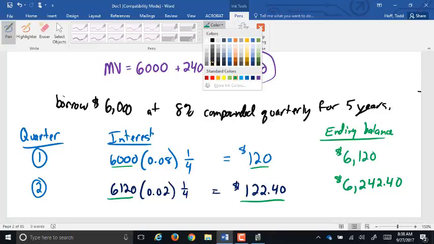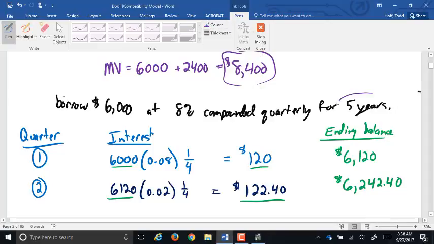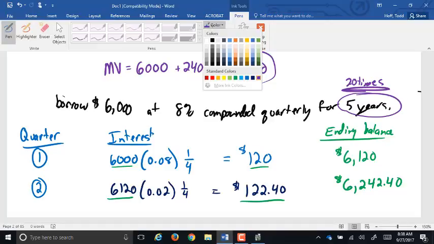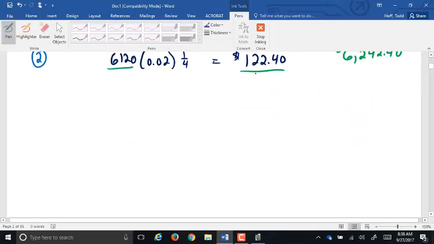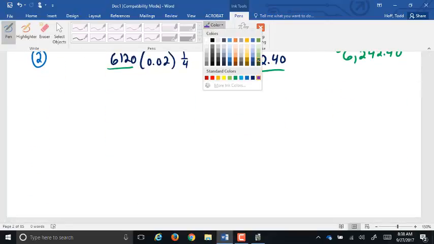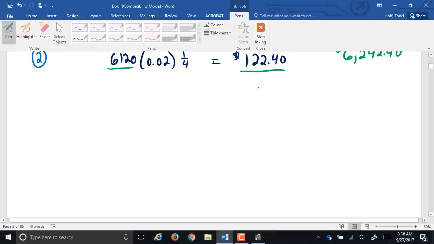Well, how many times do we have to do this to get through 5 years? 20 times. I don't feel like doing this 20 times. So let's look at what's going on here. We've also, in the last couple of days, talked about those percent increase problems. And that's basically what's going on here, there is a percent increase.